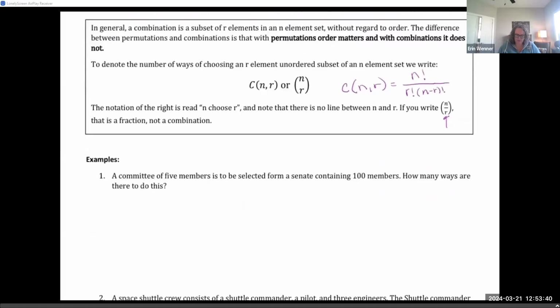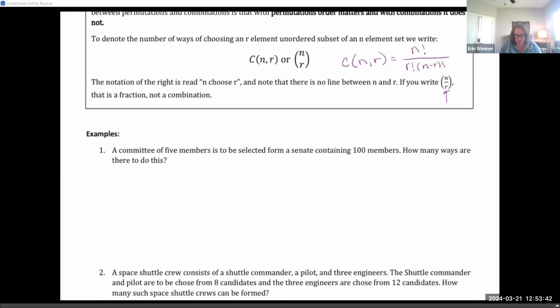So we have a 5-member committee and we want to select the 5 members from a Senate containing 100 members. How many ways are there to do this? Committees are a really common thing because it's a group, right? The order that we select them doesn't matter unless we're giving them specific jobs.